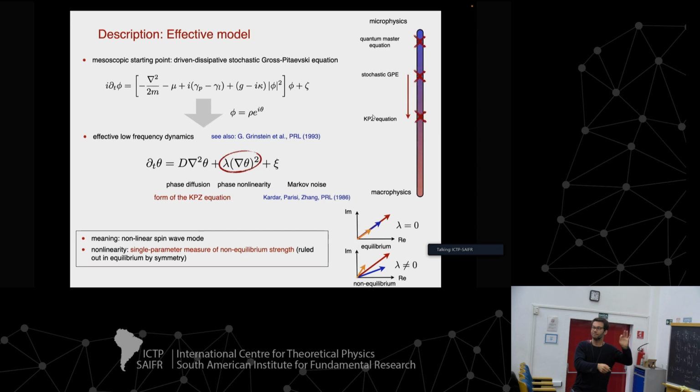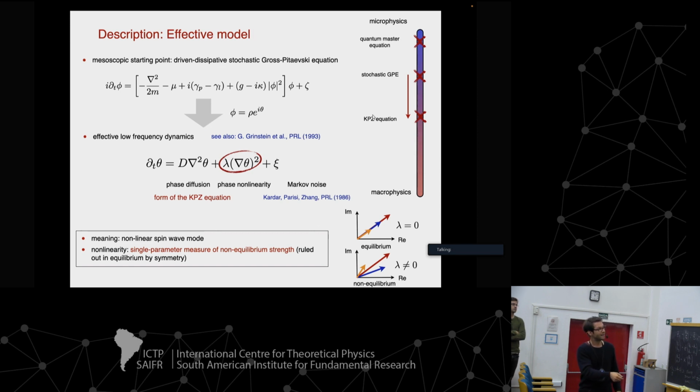The linear spin wave is essentially the equilibrium theory I was presenting previously. This is now equipped with a nonlinear term. And the fun point is that this nonlinear term is exactly forbidden by symmetry if we are at equilibrium. There is a symmetry that forces all these couplings to be on one ray, and you can convince yourself that this lambda nonlinearity has to be exactly zero.